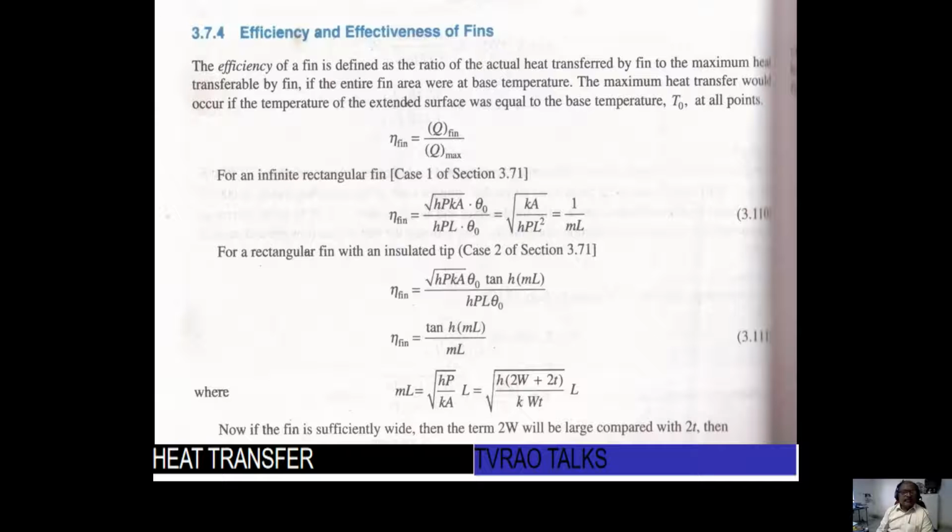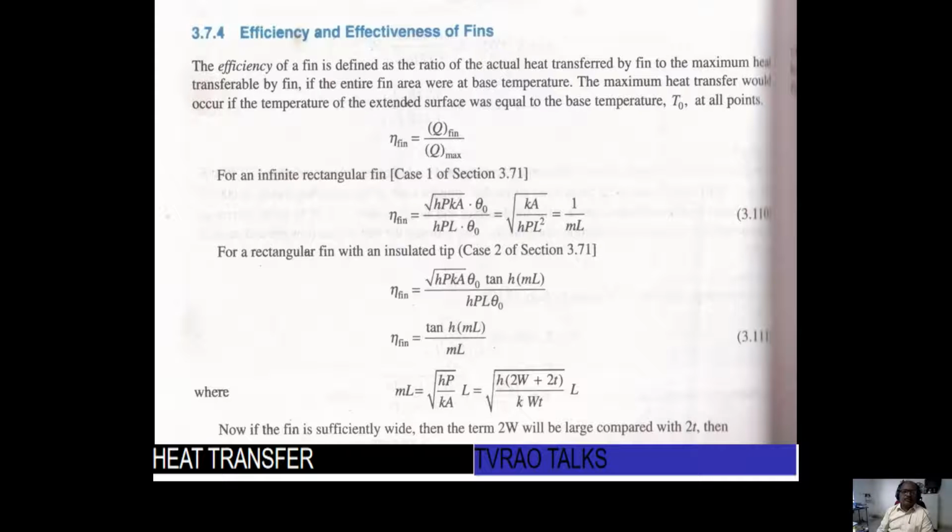In case of actual heat transfer, if we take a long fin, actual heat transfer equals square root of hPkA into theta naught, and it also equals hA into delta T. This is convective heat transfer.